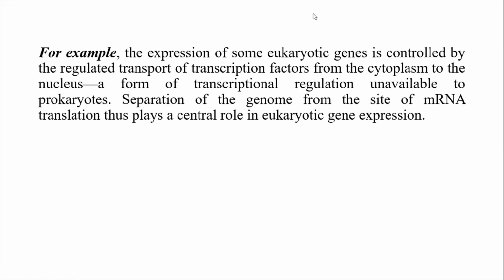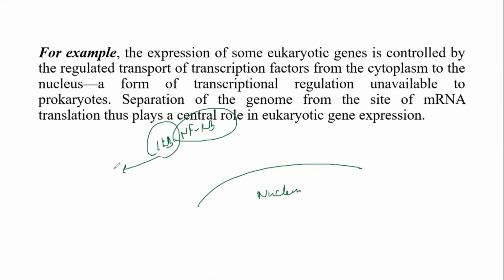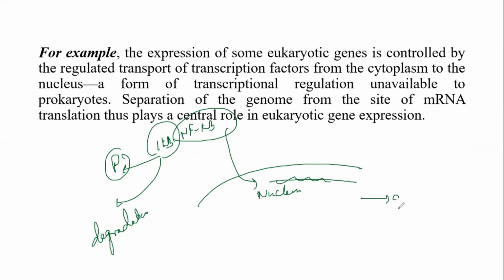So here again, the same example I can talk about where I have mentioned NF kappa B. NF kappa B is bound with the I kappa B. If it gets phosphorylated, this goes for the degradation. This is the same figure I'm trying to make. And then NF kappa B goes as the transcription factor, binds to the gene, and then you have got the gene expression. So this is not possible in the case of the prokaryotes. Only in the case of eukaryotes it is happening.